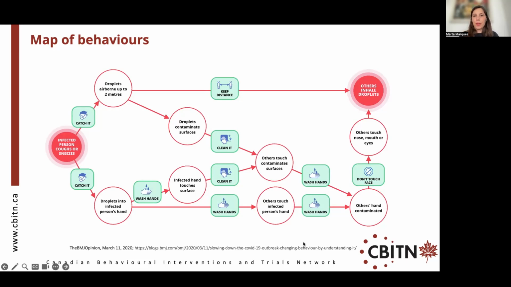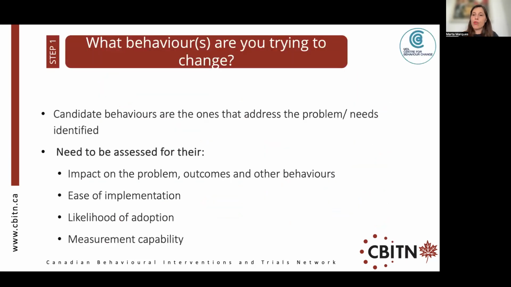So you have behaviors that are related with keeping distance, with cleaning surfaces, washing hands, using masks, not touching the face, etc. And all of these behaviors will have a different impact at different parts of this mapping of behaviors and in the system. So we need to take into consideration this mapping when trying to identify the behaviors.